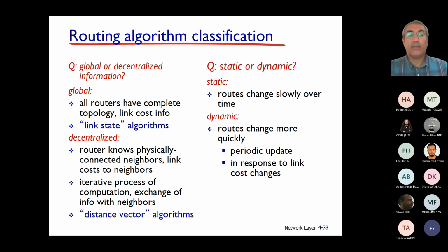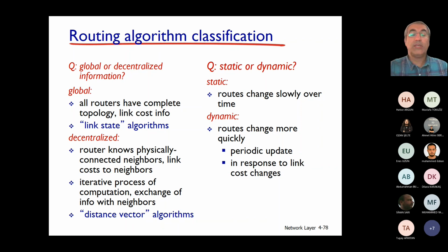In the second approach, the router knows only physically connected neighbors and the link cost to the neighbors. In contrast to the global approach, by iteratively processing the computation, they exchange this information with the neighbors, and then they can forward or route a packet from a node to another node.